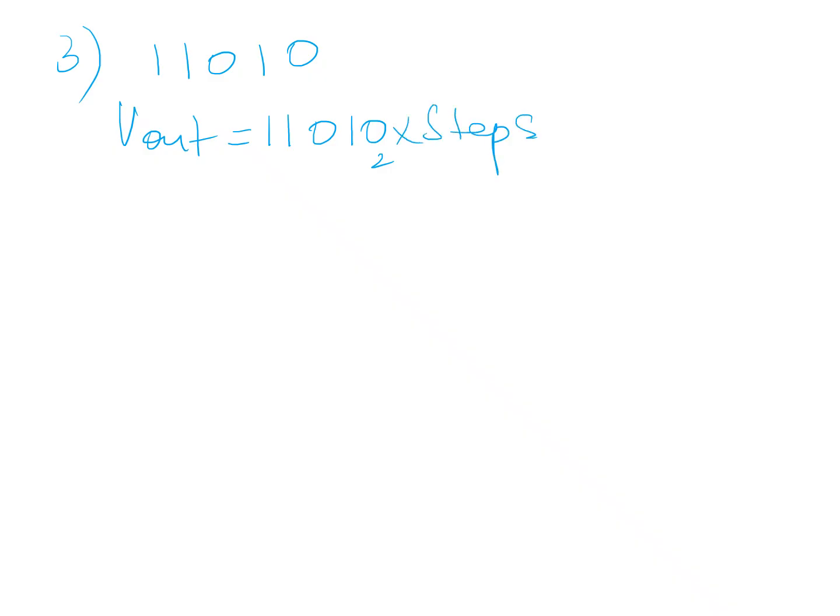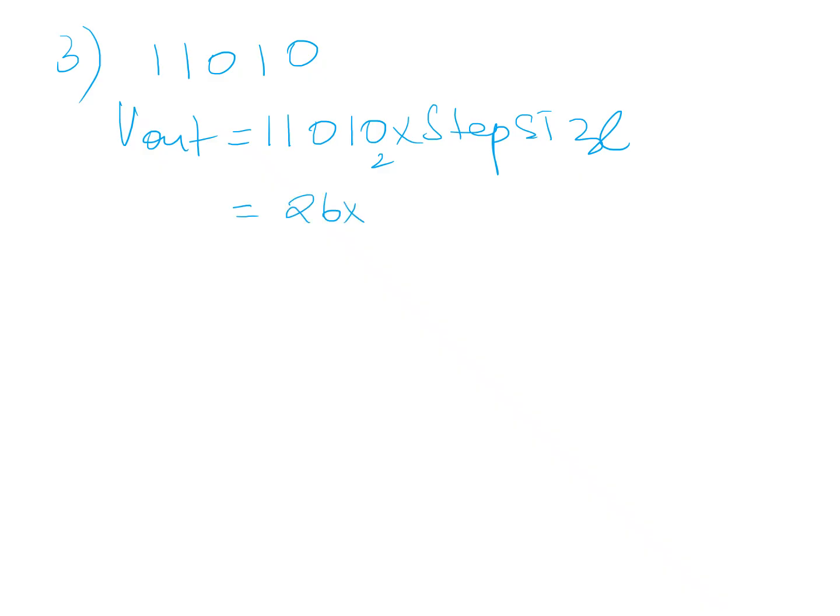And the third part of the question was, for data input 11010, we need to calculate the output voltage. So the output voltage V0 is equal to 11010 into step size. 11010 will give us 26.